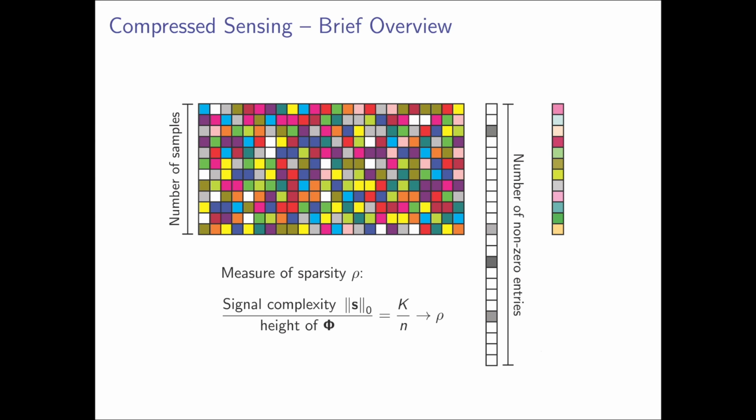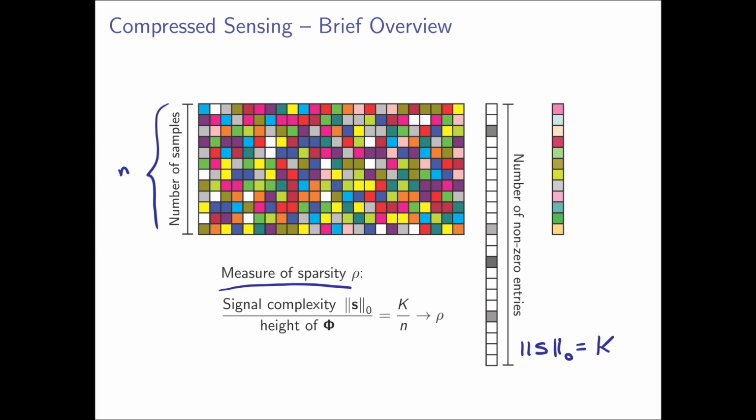The second quantity we are interested in is a measure of sparsity, which we denote by ρ. This quantity is equal to the number of non-zero entries in sparse vector S over the total number of rows in sensing matrix Φ. If the number of samples is less than the sparsity of S, which we denote by K, then there will be an infinite number of possible solutions within the support of S. This can be seen through the fact that even when we restrict sensing matrix Φ to the columns or atoms attached with the non-zero entries in S, the linear system remains underdetermined.